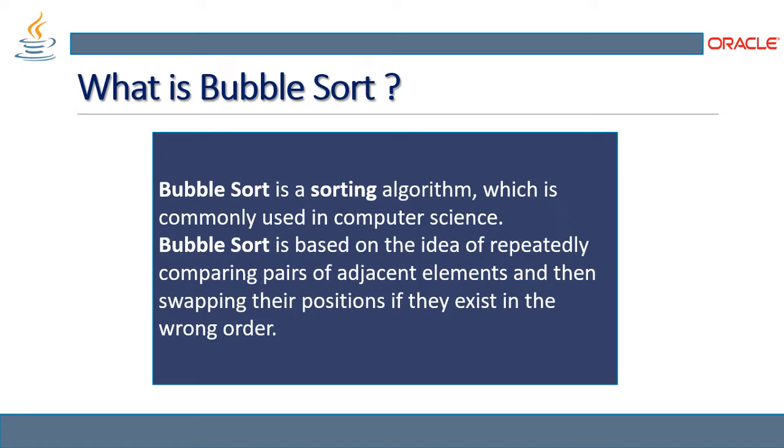Bubble sort is based on the idea of repeatedly comparing pairs of adjacent elements and then swapping their positions if they exist in the wrong order. So basically it keeps comparing the list of data you have and organizes it in ascending or descending order as per our requirement.